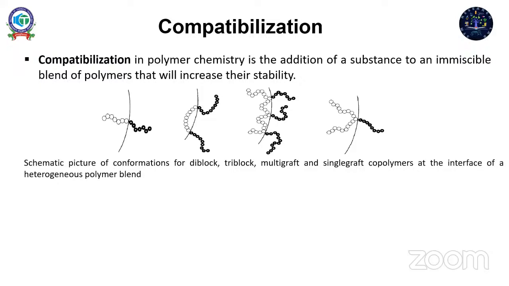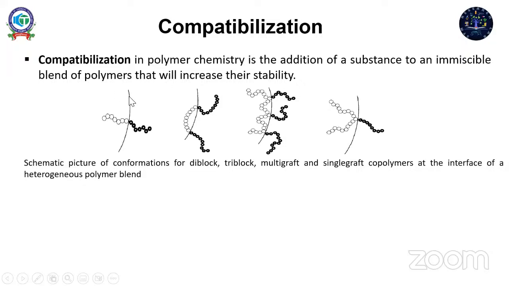If there are certain blends which are incompatible, to make them compatible, generally we add a third phase, or we can say a third molecule, which has the chemistry to make two different polymers compatible. This process we call compatibilization. So compatibilization in polymer chemistry is the addition of a substance to an immiscible blend of polymers that will increase the stability.